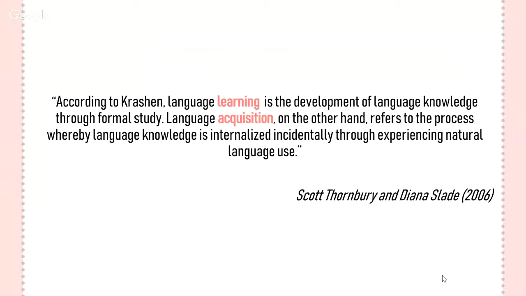So I think here we see that we actually need both methodologies when we are teaching. We need the children to memorize the words, but also use them in natural language use, in real situations. So they learn it and they also acquire it. But now, theory is so beautiful, but how can we actually do it?